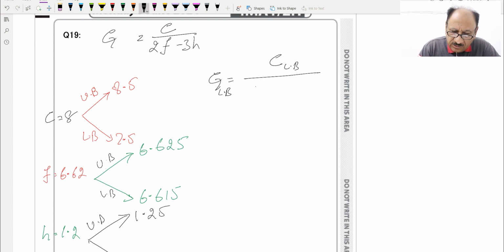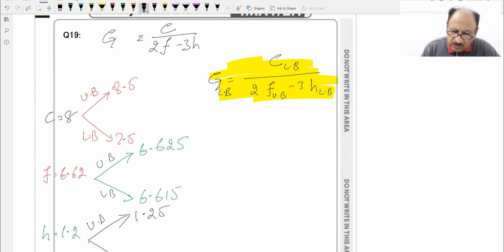We get a bigger answer in the denominator when we have the upper bound of F and the lower bound of H. This one is very important, which you should know how to understand. If we require G as the lower bound, then the numerator should be a smaller value and the denominator should be a bigger value. This is what you need to check.